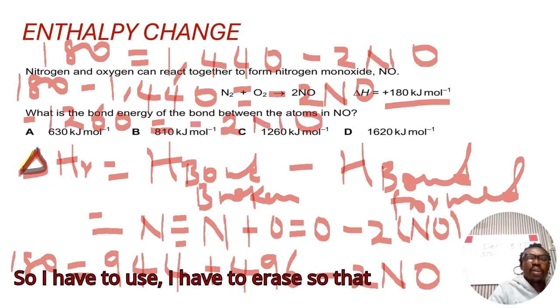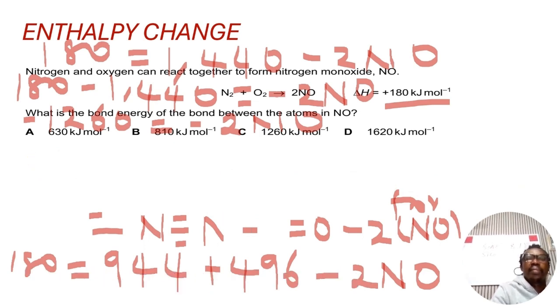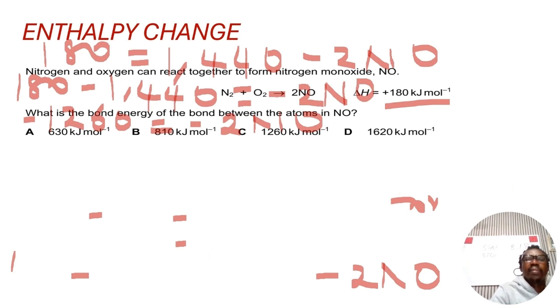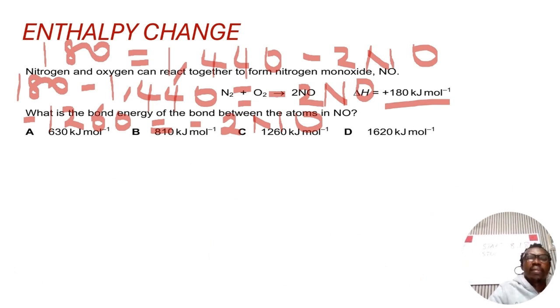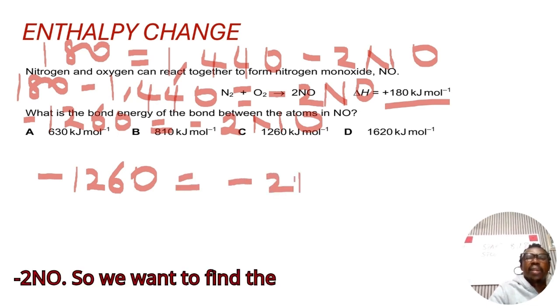So minus 1260 will be equal to minus 2NO.